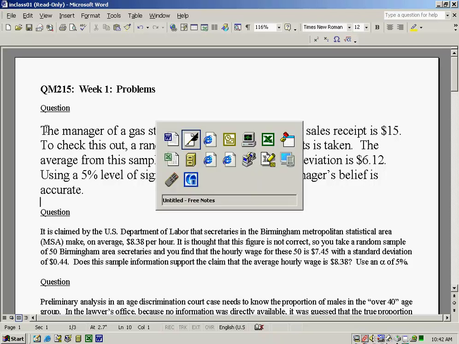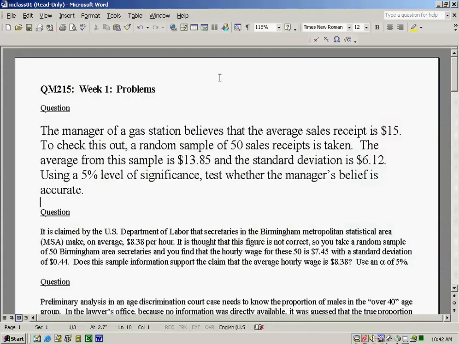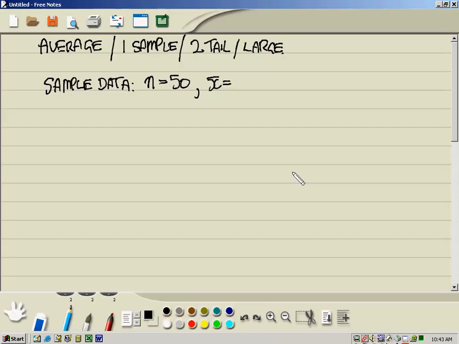So let's write down our sample data. N is 50 sales receipts. The average was $13.85.